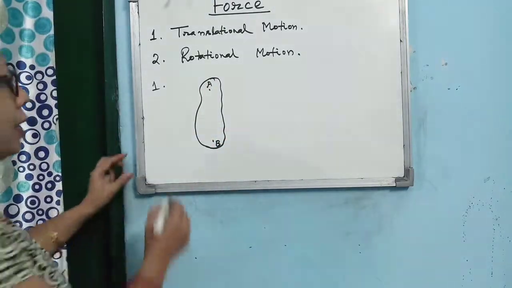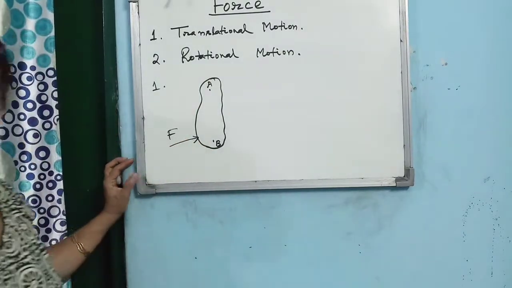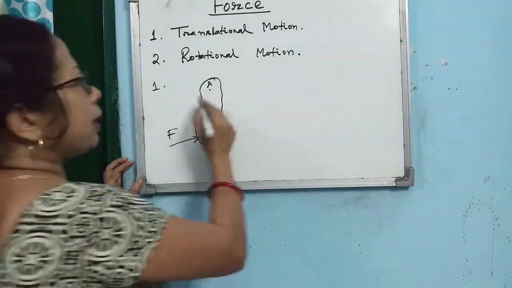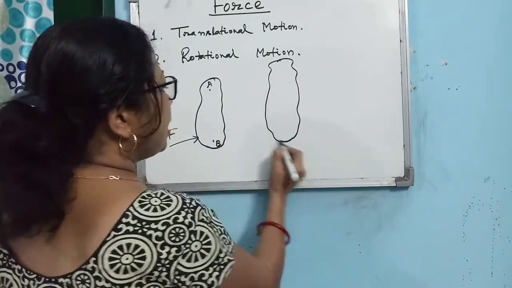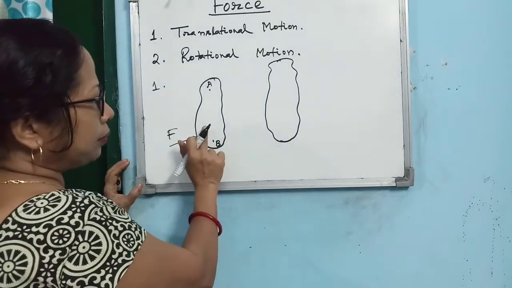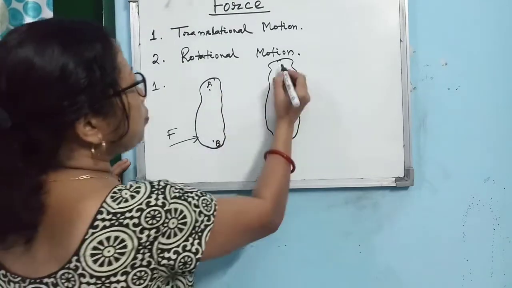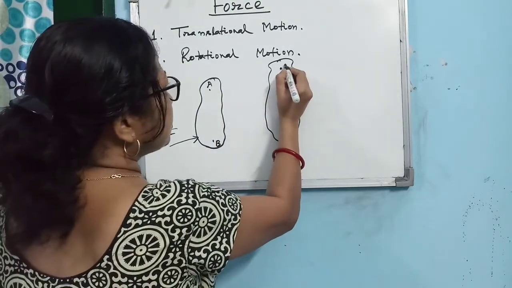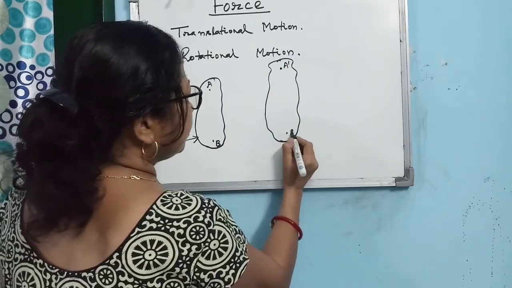Now, when you have applied a force on it, suppose the body is moving in such a manner, you see, after the application of the force, the body has come from this position to this position. And what about these 2 points? You see, A has come here and B has come here.